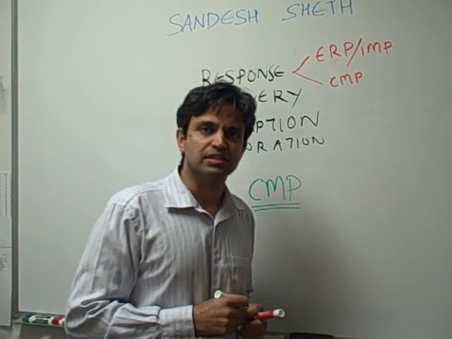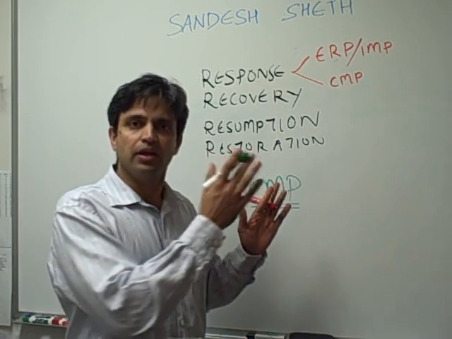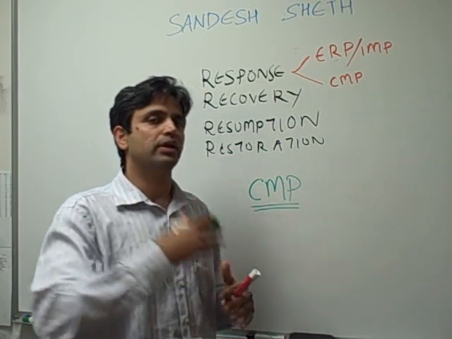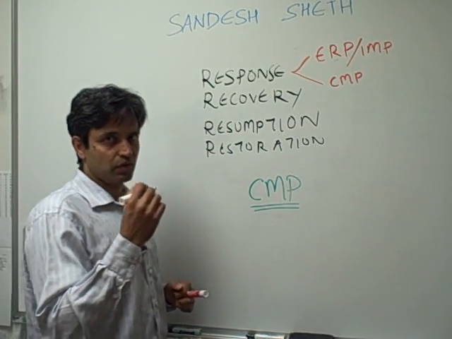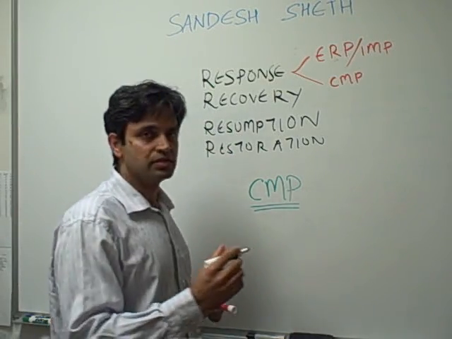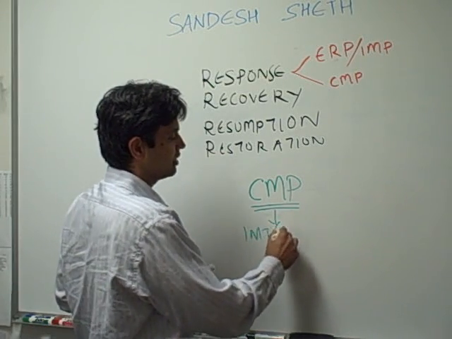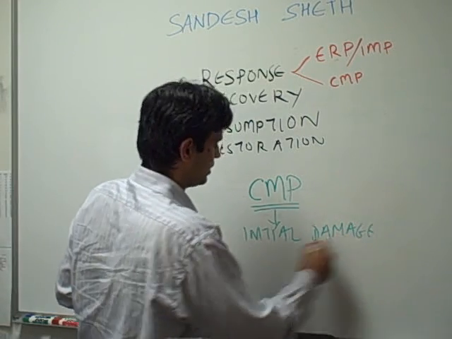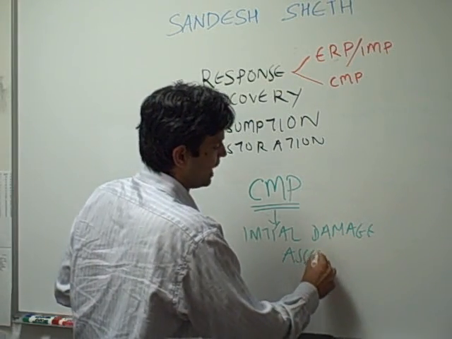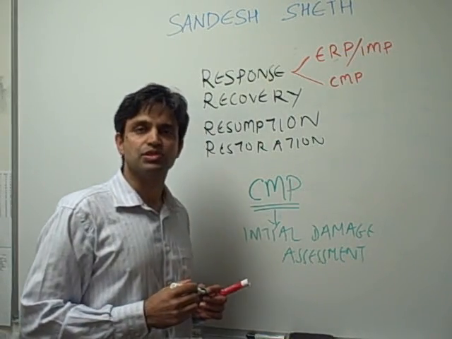The goal of the crisis management plan is to manage the crisis. It was an incident, now it is a crisis. One of the first steps in the crisis management plan is to carry out an initial damage assessment to identify what is the impact on the business due to the disaster.